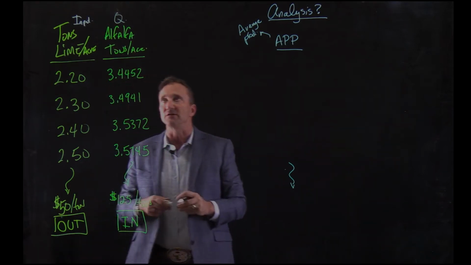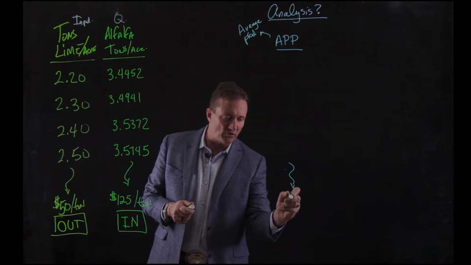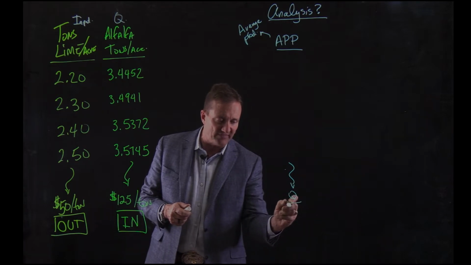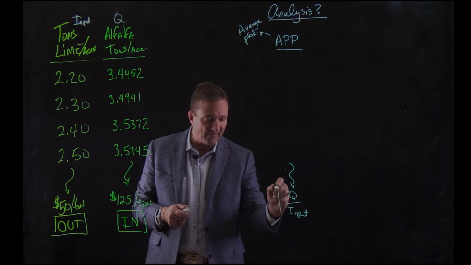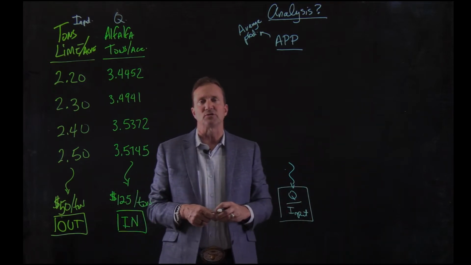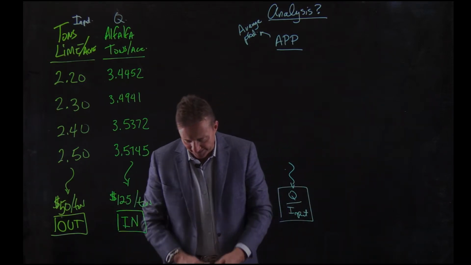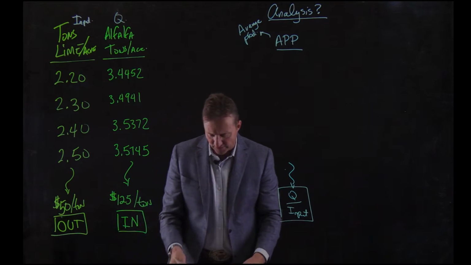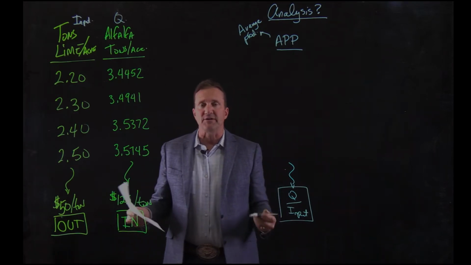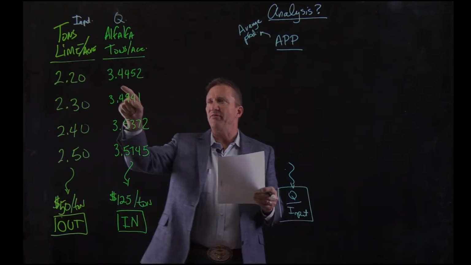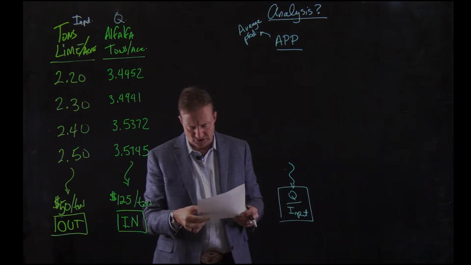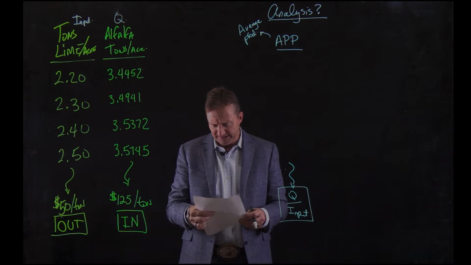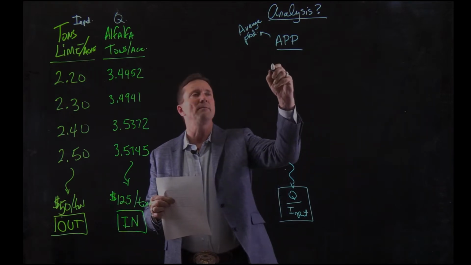What you do is you just take your quantity at each level and divide it by your input quantity, and that is average physical product. So I've already got the answers done here, so I can go ahead and tell you what they are, but they're easy to calculate. You're looking at 3.4452 divided by 2.2.